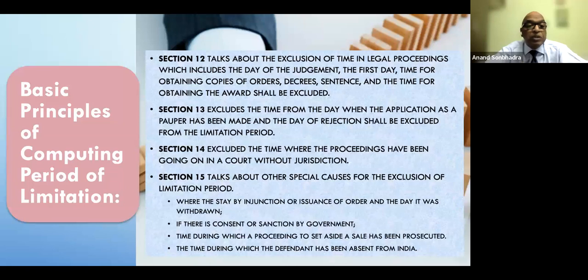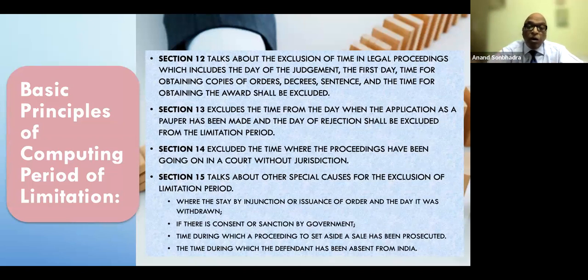What are the basic principles of computing the period of limitation? We will try to understand this by running through the key provisions of the Limitation Act. So section 12 talks about exclusion of time, which means when we start computing, there are certain inclusions and certain exclusions.